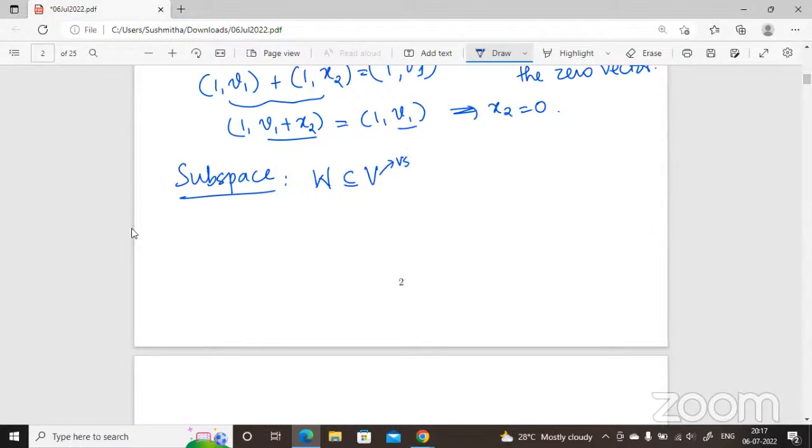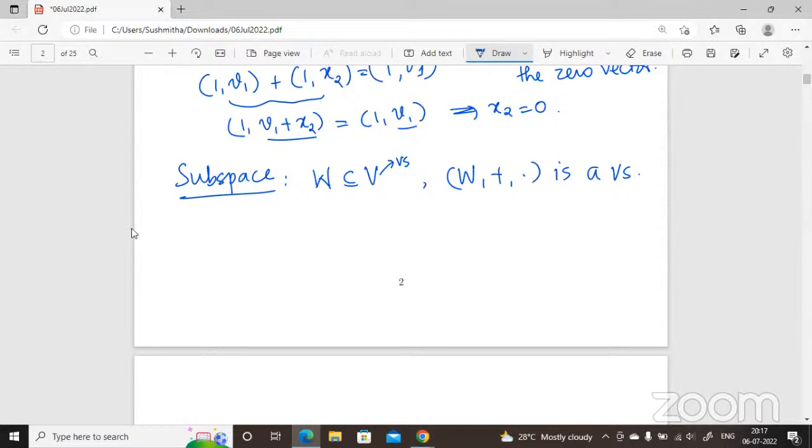V is a vector space, and you're taking a subset W, and (W, +, ·) is a vector space. So a subset which is a vector space in itself is a subspace.